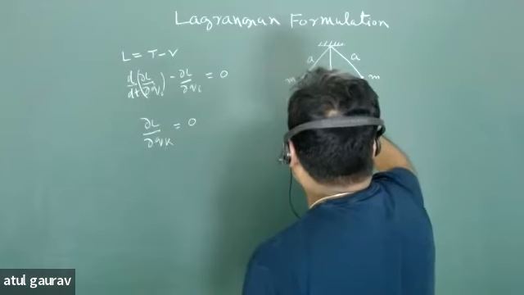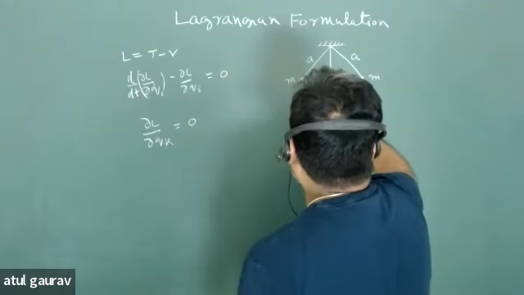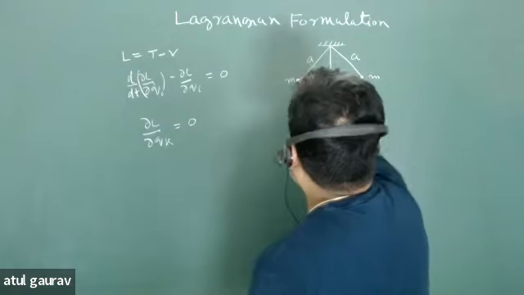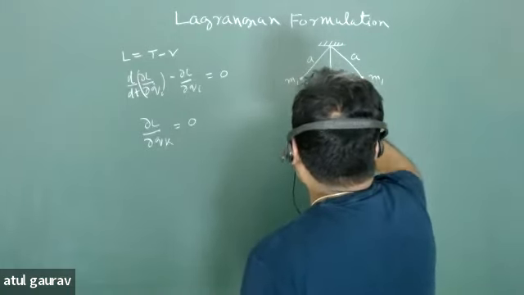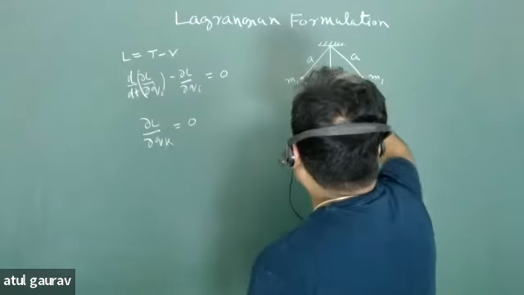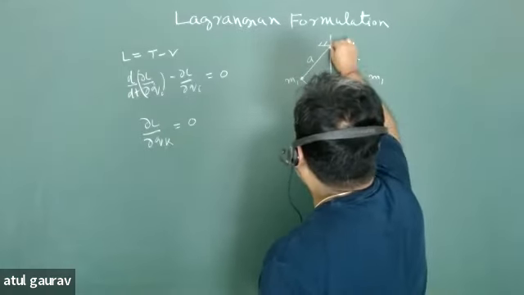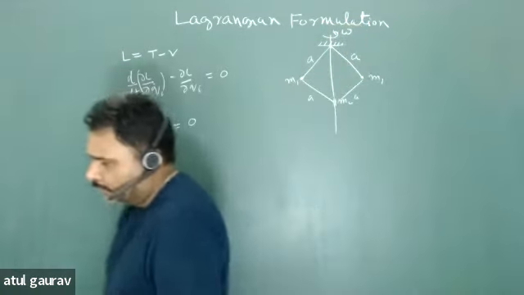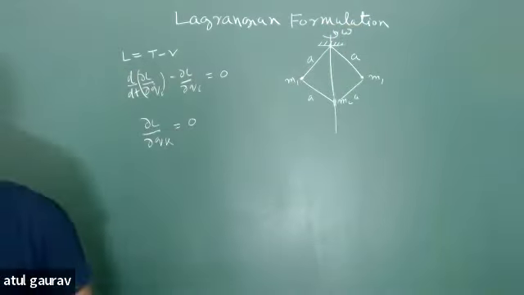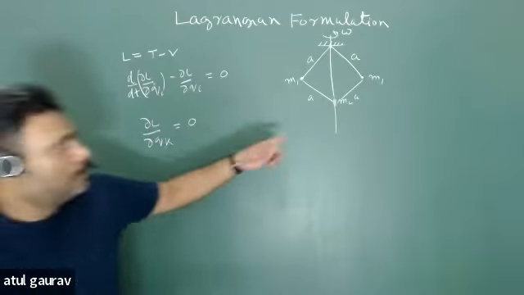Let's say this mass is m1 and this mass is m2, and all of these lengths are a, and the whole system is rotating about the z axis with omega velocity.